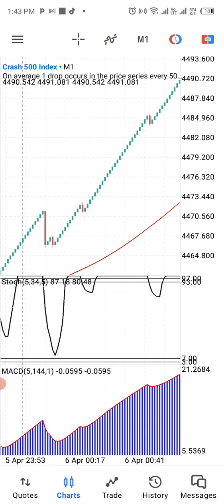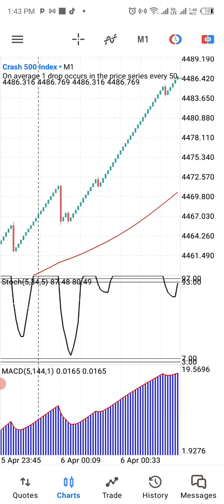That's the first condition. And our second condition is, as at the time our price is above the 144 linear weighted moving average, our MACD bars must be above zero level, which is what we are seeing here.